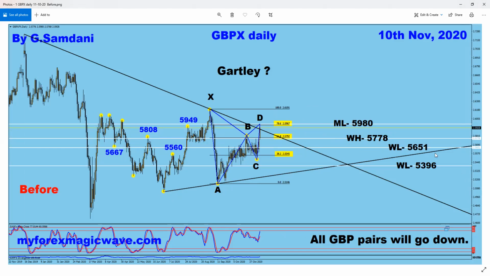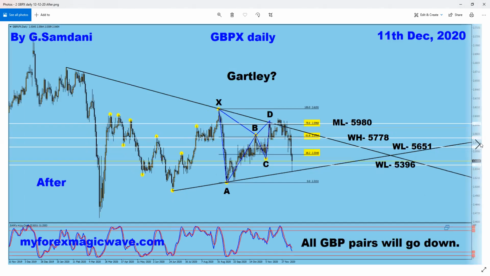But this is not the final target, by the way. The target of these pairs is way below. If this could be wave 1 and 2, then followed by wave 3 to 1.618. Or at least AB equal to CD, that means this length has to be equal to XA to this length. So we have more to come to the downside, maybe this low or this low or even this low or even lower. Now, with no deal Brexit, yeah, that is very much going to happen.